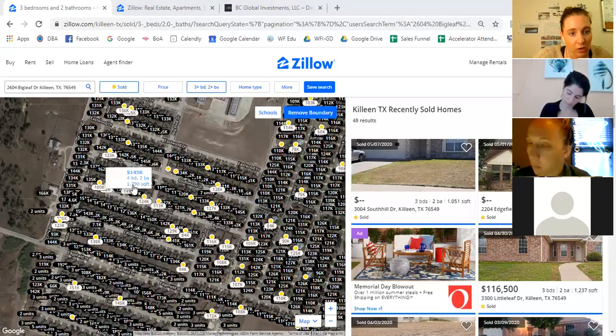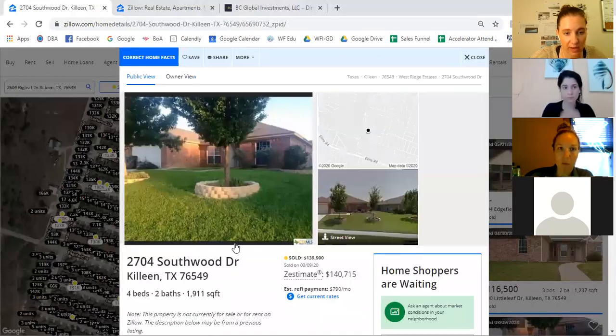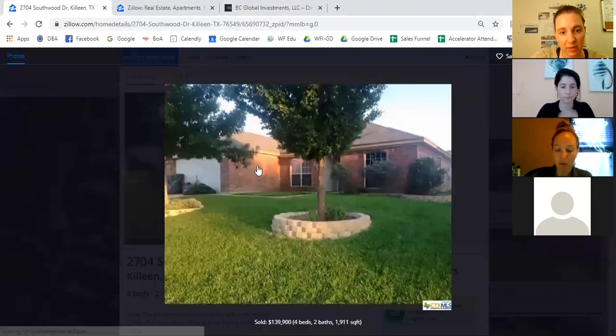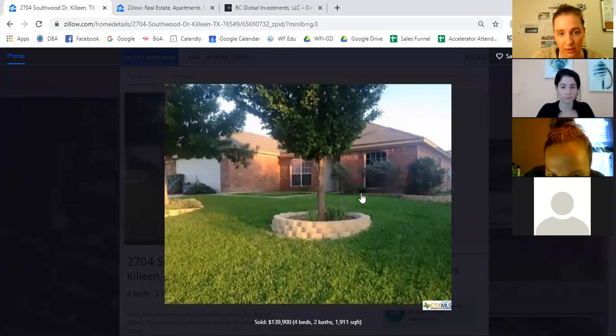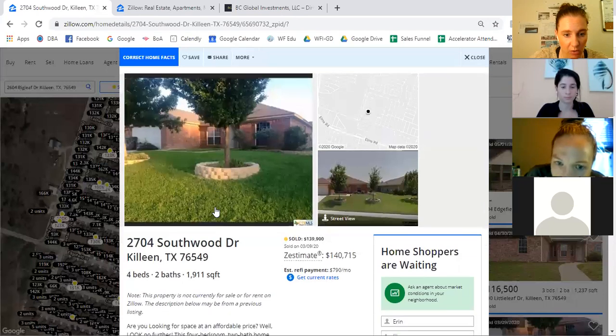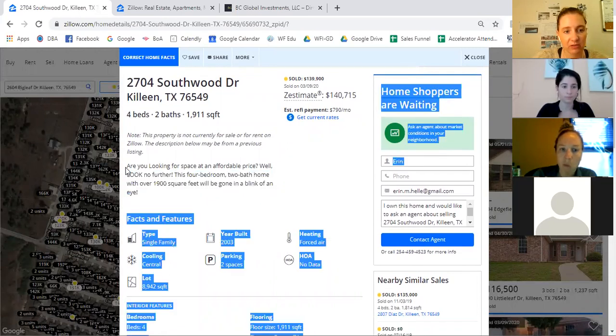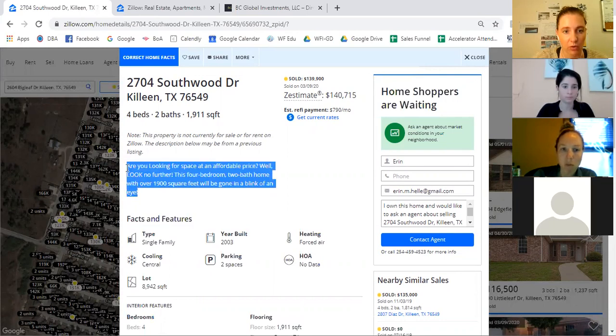Okay, so it looks like the closest comp we have here is this 4 bed, 2 bath, 1,911 square feet. So you want to check out some pictures if you can. This one has literally 1 picture, so we're not really going to know the condition of it. But you can find some stuff out just by reading the description. So it says, are you looking for space at an affordable price? Well, look no further.